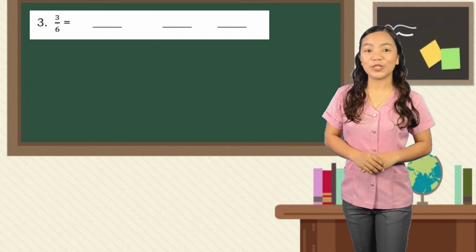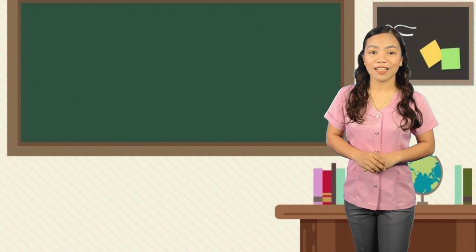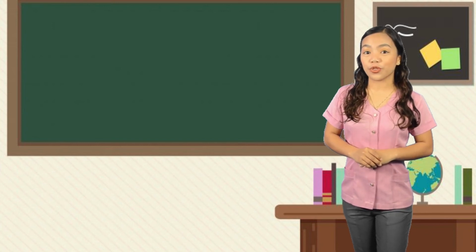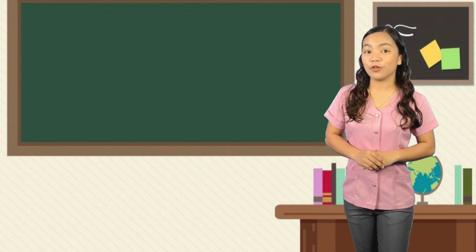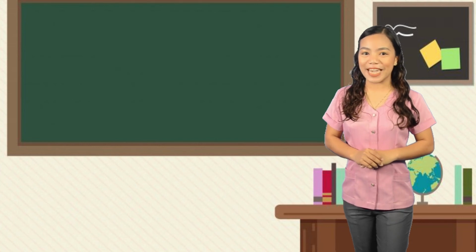Let us go to number 3. Take another 20 seconds to give 3 equivalent ratios to 3 over 6 using counting numbers 3, 4, and 5. Your time begins.